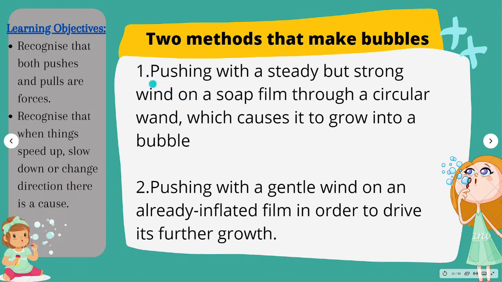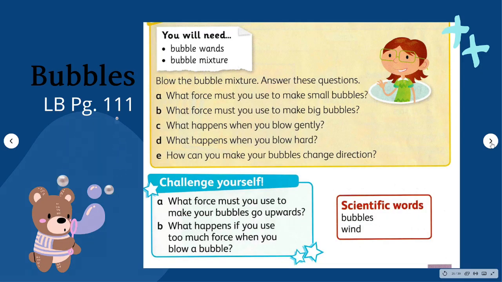The first one is pushing with a steady but strong wind on a soap film through a circular wand, which causes it to grow into a bubble. And then the second method is pushing with a gentle wind on an already inflated film in order to drive its further growth.